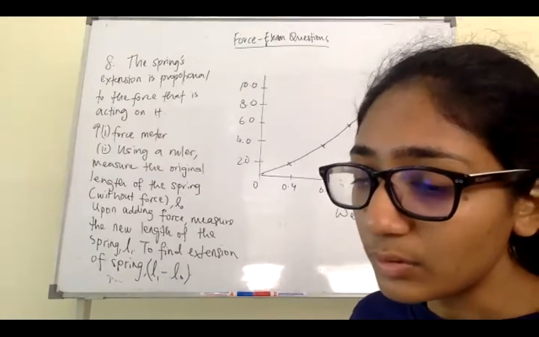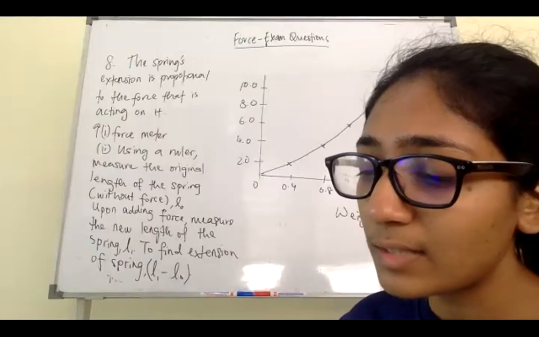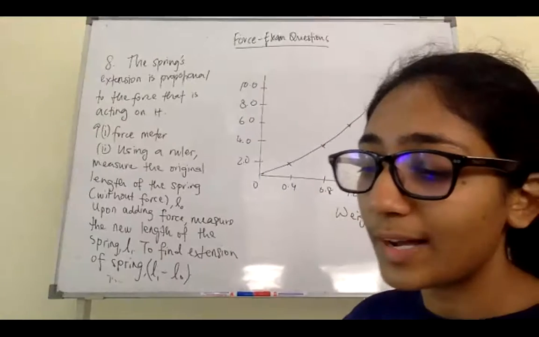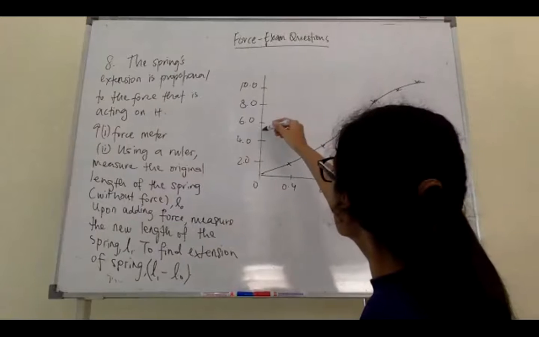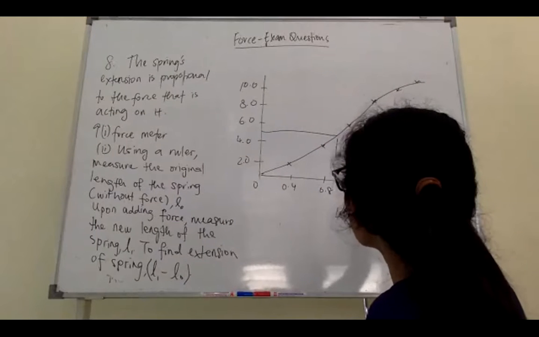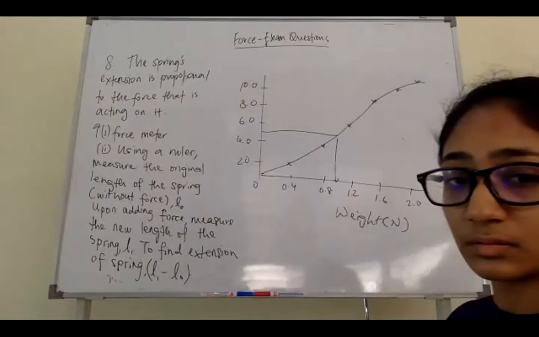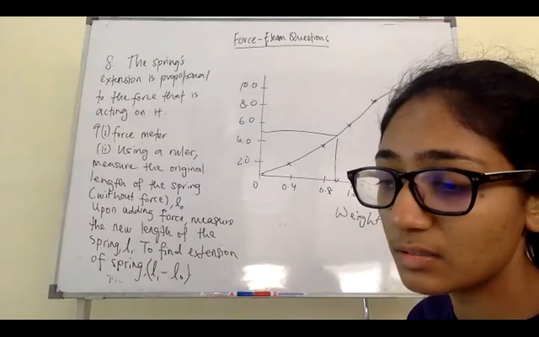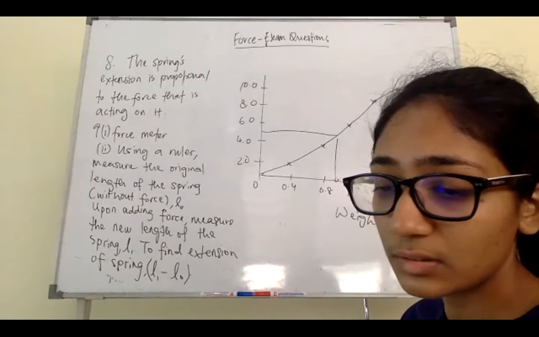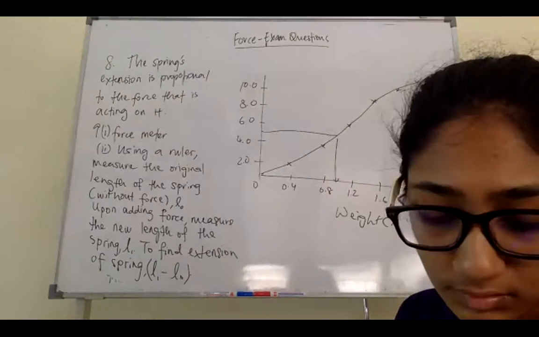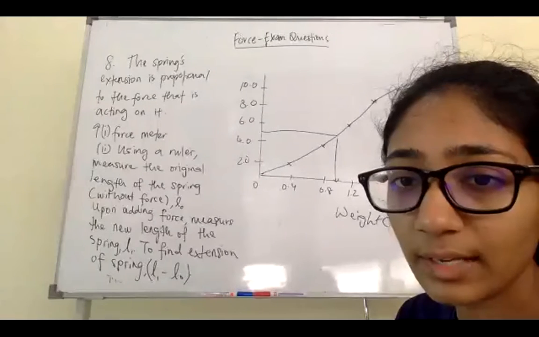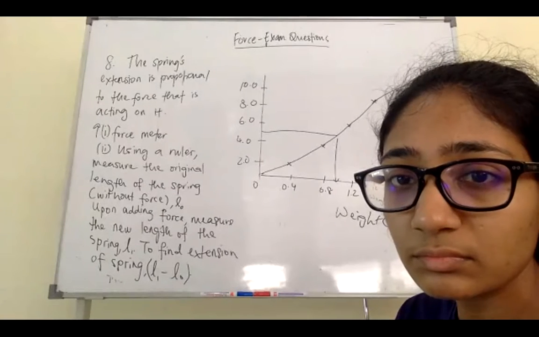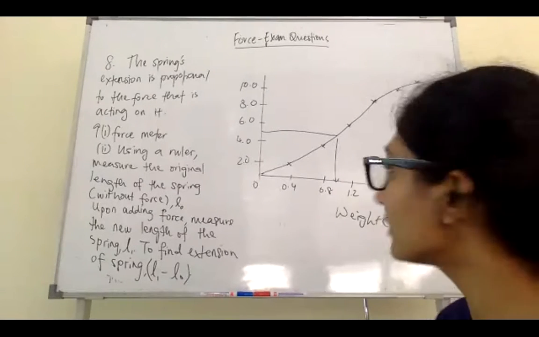Okay, the rest of you, what is the weight that produced a 5 cm extension? What was your weight for 5 cm extension from your graph? Guys, are y'all there? Yeah, Jeff, sure.